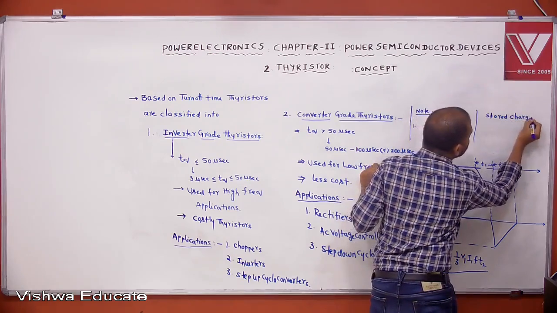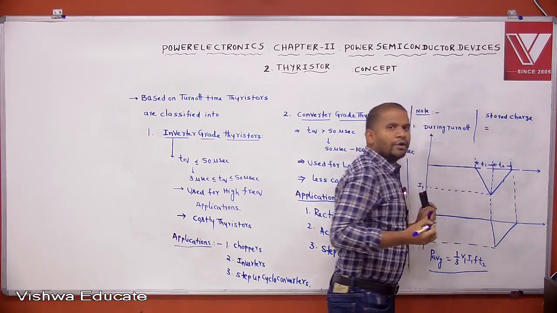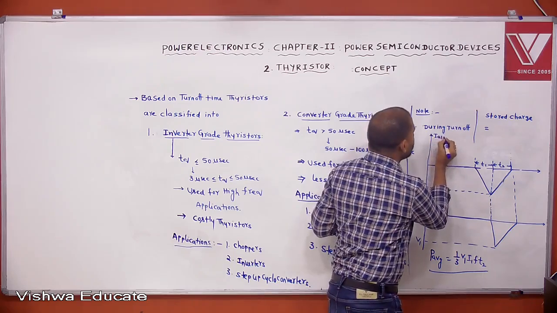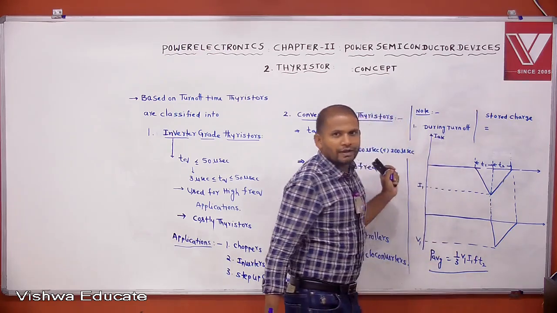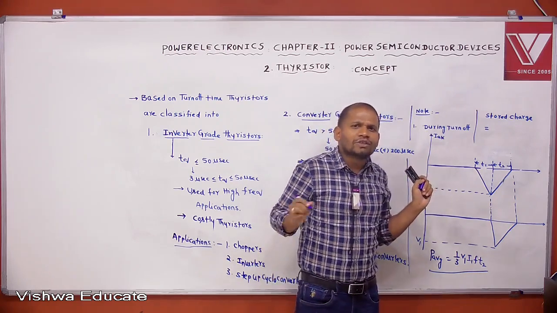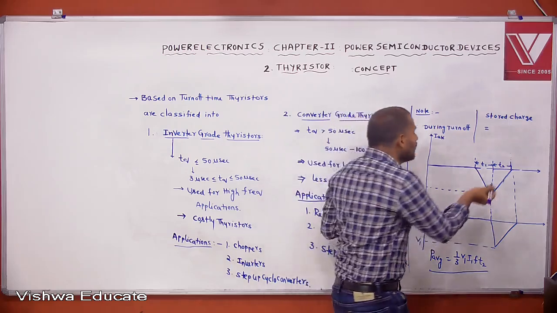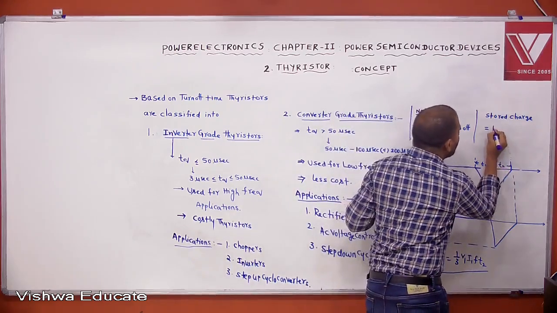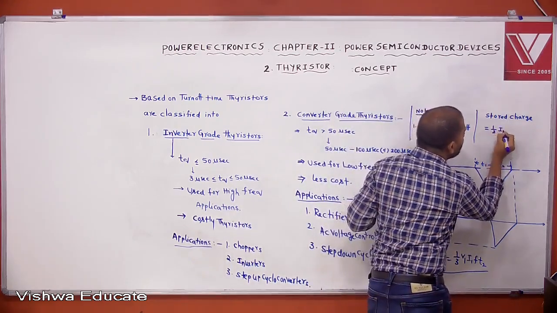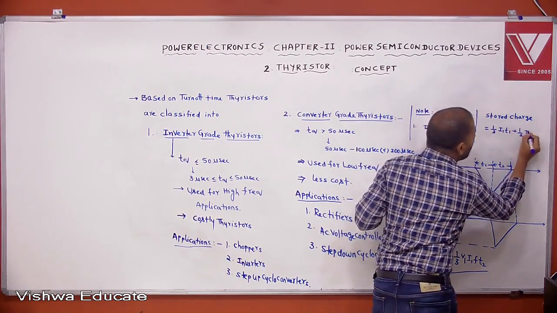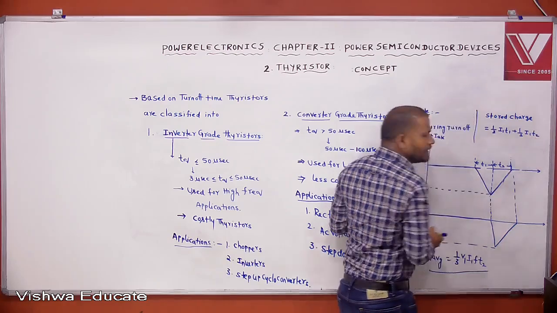Stored charge: this is the anode to cathode current. How to calculate stored charge? The area under the current curve gives charge. So the area under this current curve is 1/2 I1 T1 plus 1/2 I1 T2. These are two triangles.